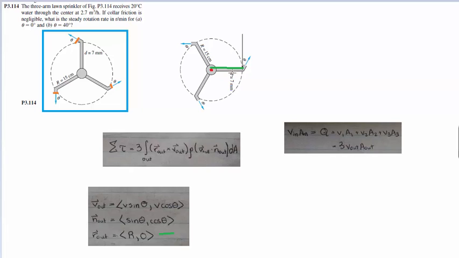This big R should actually be this little d. Don't get too confused about that. This n out is going to be, well, the dot product with this will just give you the magnitude of the velocity. But over here, remember that this angle, the sine will give you the horizontal component, the cosine will give you the vertical component, and it's going up and right, so both of them are going to be positive.